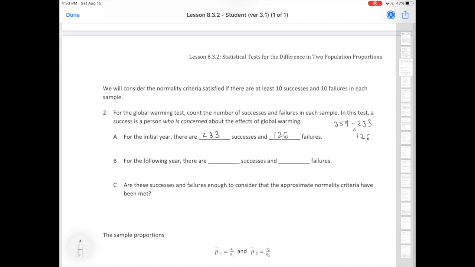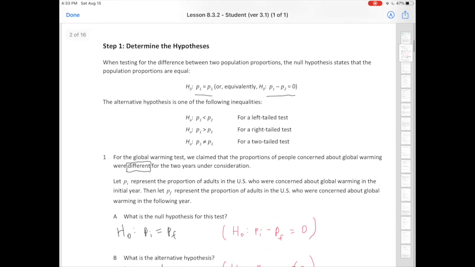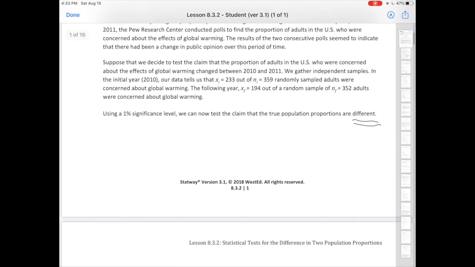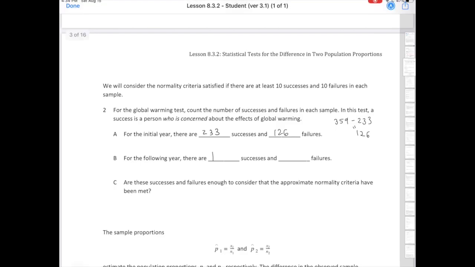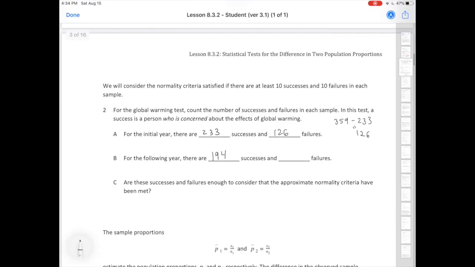Okay, what about for the following year? So let's go over to our data. It says that 194 out of 352 adults, 194 out of 352. So 194 successes, and I'm going to do 352 minus 194.